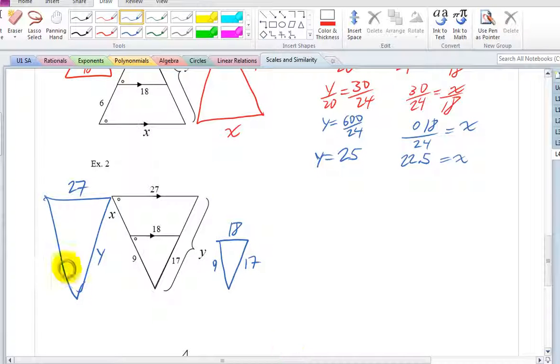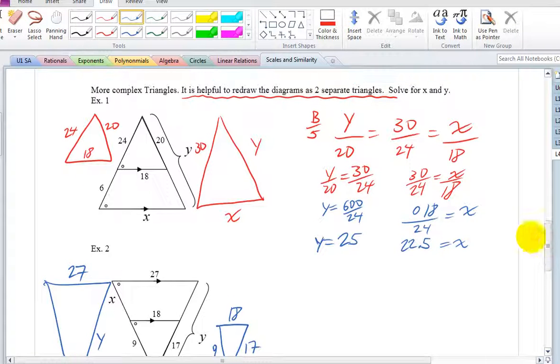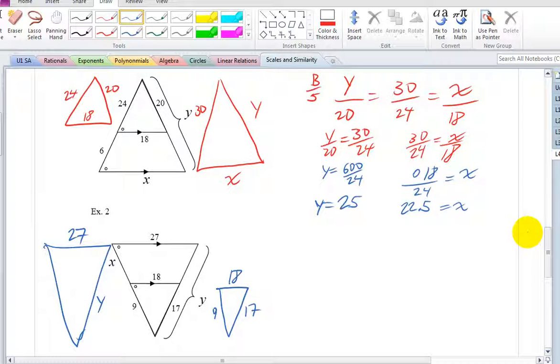What would this side be? Taylor, what do you think? Well, top part's X, bottom part's 9. Well, how did we get this 30, folks? Yeah, so what's this one got to be?